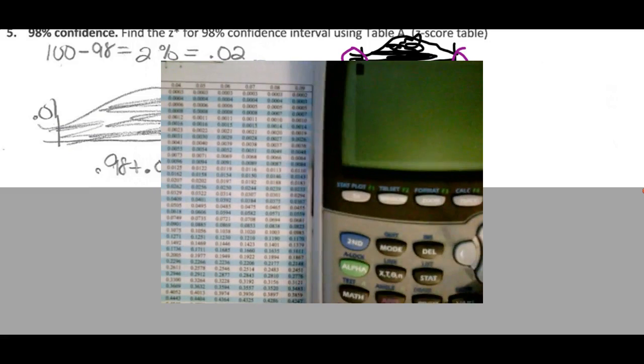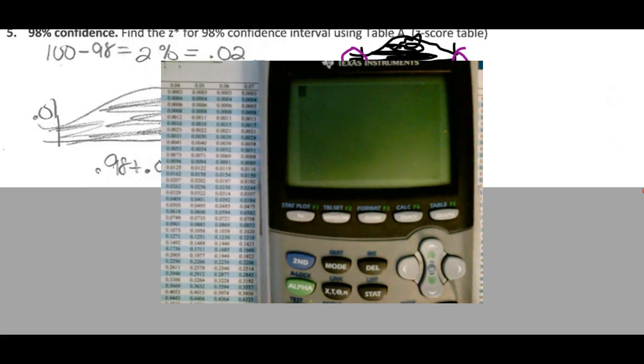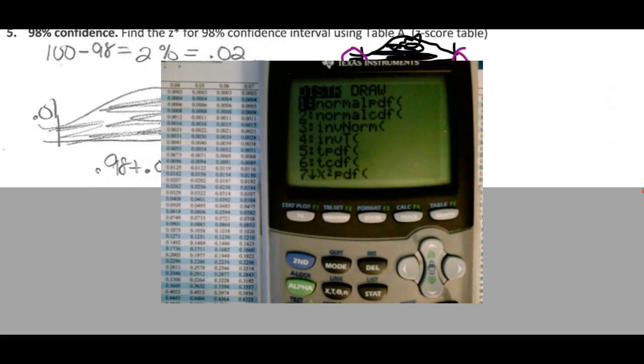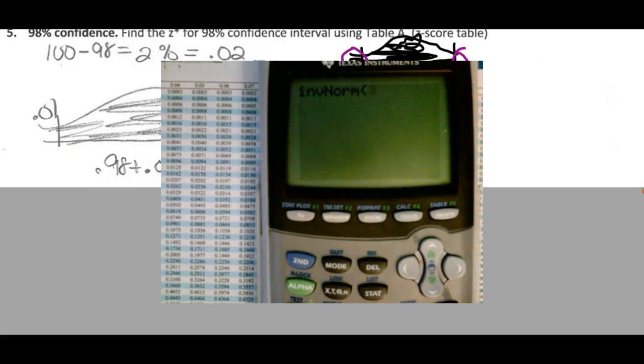That one's right here. Another way to do this, which I haven't really shown in the calculator yet, is to do inverse norm. Inverse norm in your calculator will find your z-scores. So here's my calculator. I'm going to go to second vars and see where it says inverse norm. Now, I did the 0.98 plus 0.01.